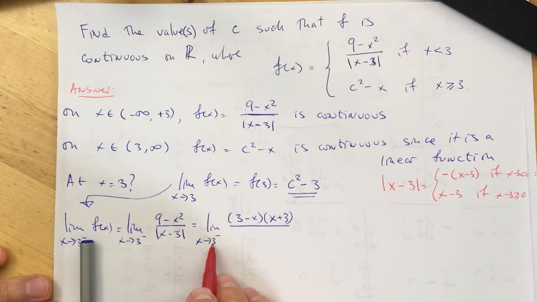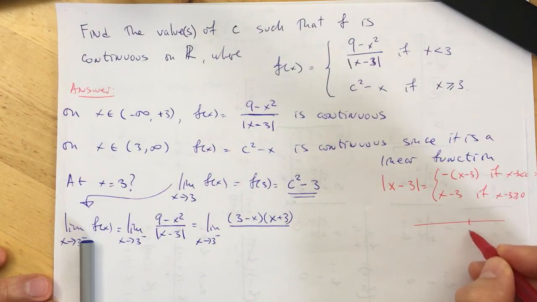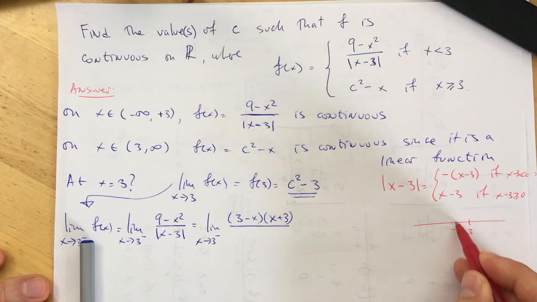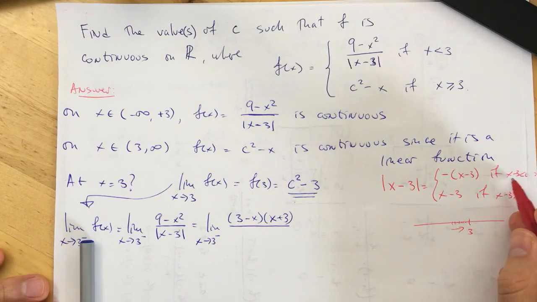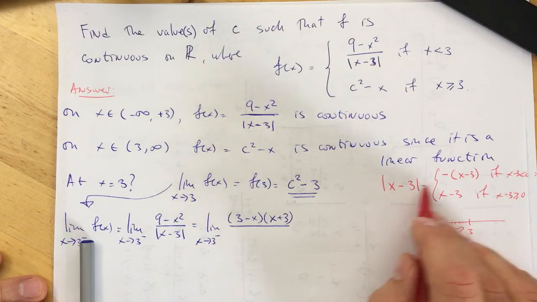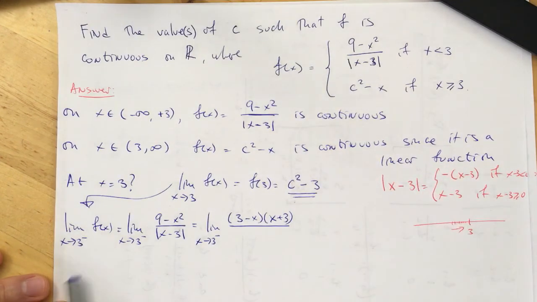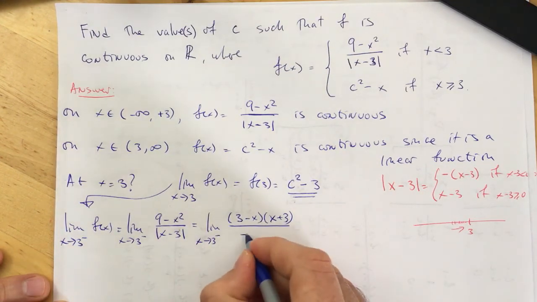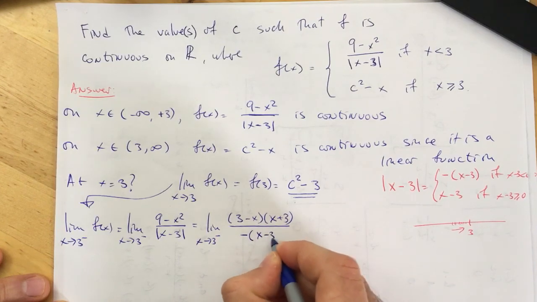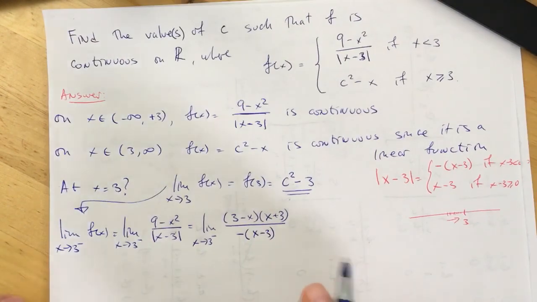If x approaches 3 from the left, all of these values on the left of 3 are less than 3. So that means that x minus 3 will be negative. A smaller number than 3, minus 3, is less than 0, which means that the absolute value of x minus 3 will be negative (x minus 3). But negative (x minus 3) is nothing else but 3 minus x.